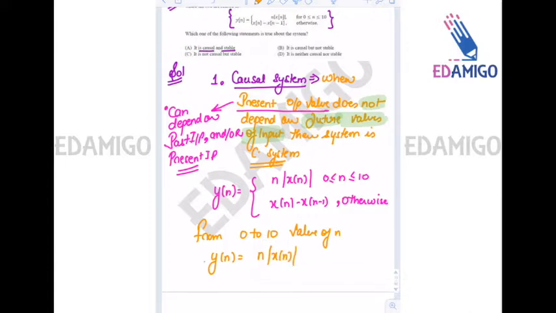The present output depends on the present input only, because y0 is 0 times mod x0, y1 is 1 times mod of x1, that is y1 depends on x1 only, y0 on x0 only, y2 on x2 only, and similarly y10 depends on x10 only. So present output is dependent on the present input only.